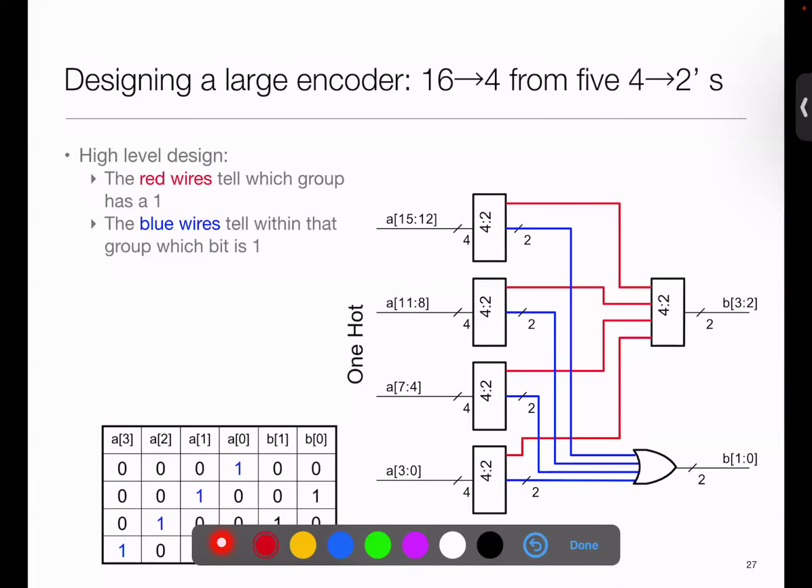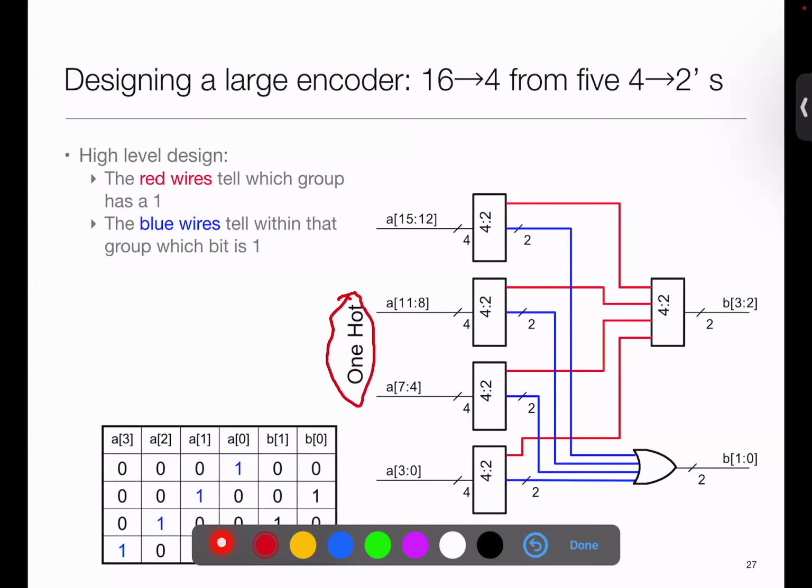Why? If you have, what does it say out here? 1 hot. Input A is 1 hot. So how many bits of A will be 1? Oh, just 1 then. Just 1, right? Okay, so one of these A bits is 1, but that 1 bit could be in any one of these 4 groups. It has to be in one of those groups.